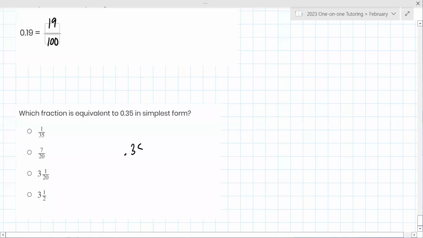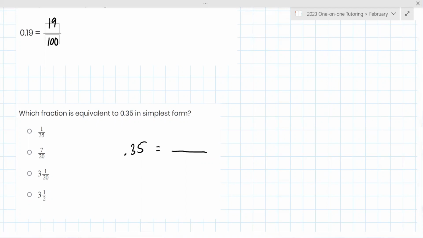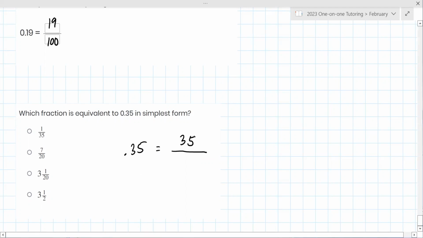0.35. Okay, so what number goes in the top, Michael? 35 and the bottom 100, or 10. 10.